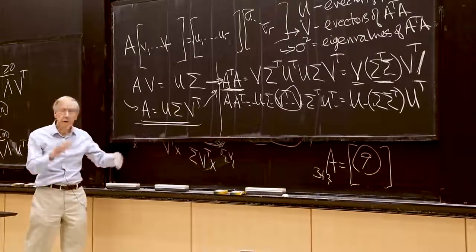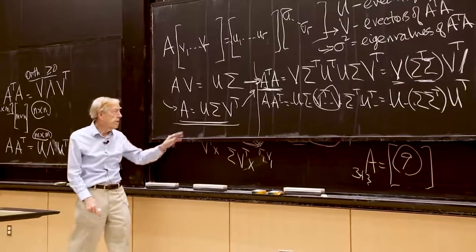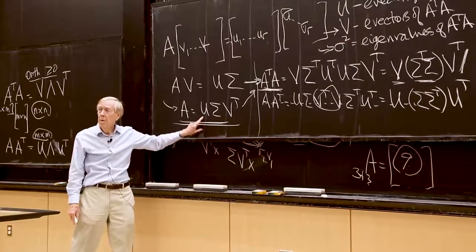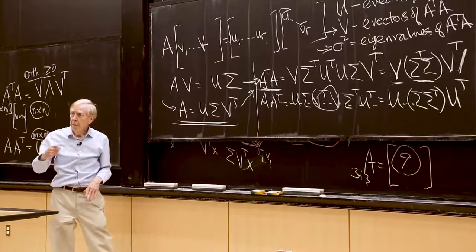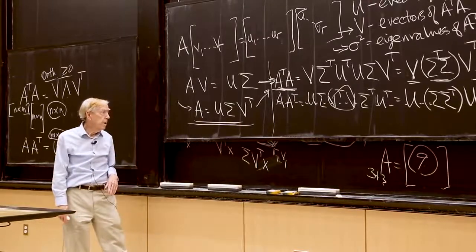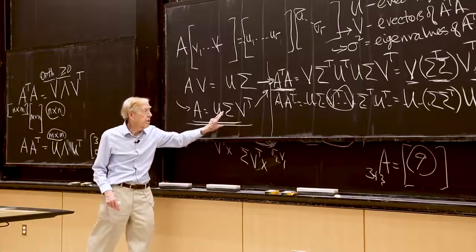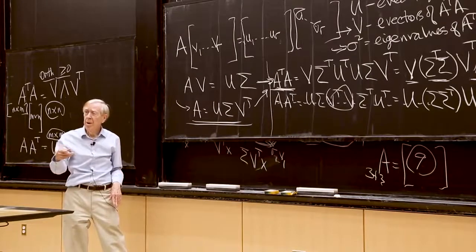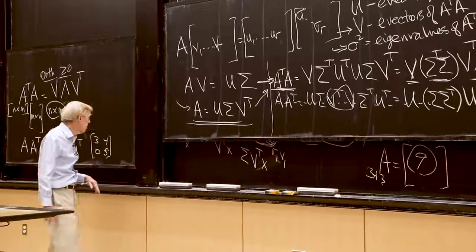The determinant of this product, I can take the separate determinants. An orthogonal matrix has determinant 1. And similarly here, so the product of the sigmas is also the determinant.